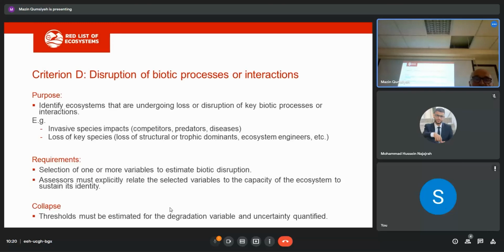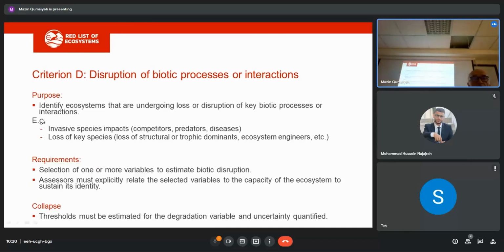The purpose is to identify ecosystems that are undergoing loss or disruption of key biotic processes or interactions. So these are processes that affect the functioning of the ecosystem. So the extent could be the same, but the quality, the functioning of the ecosystem, could be completely different.